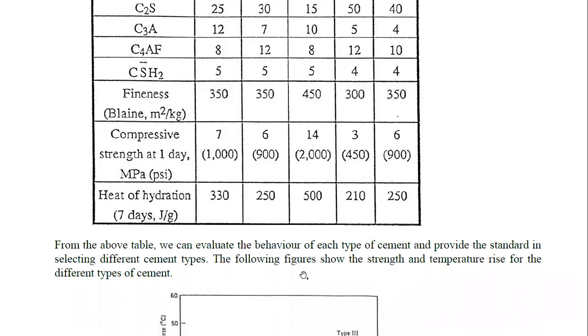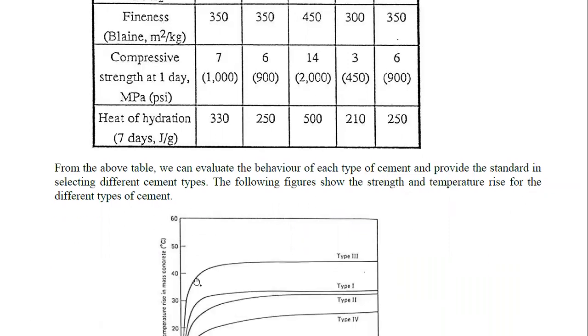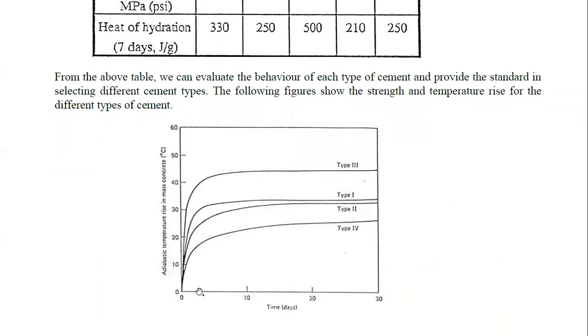From the above table, we can evaluate the behavior of each type of cement and get a standard for selecting different cement types. The following figures show the strength and temperature rise for the different types of cement. Here is the graph representing temperature rise in mass concrete against time in days for these four types of cement.